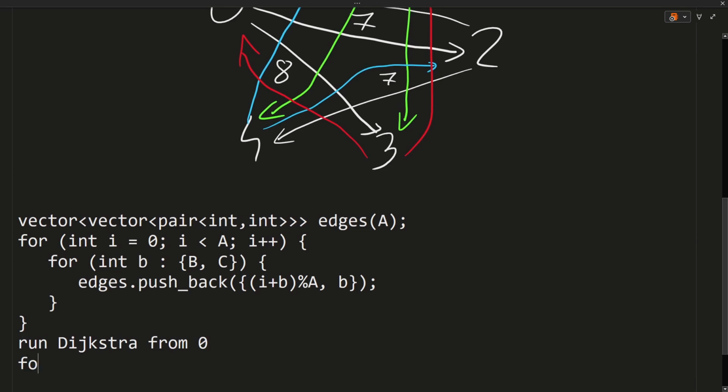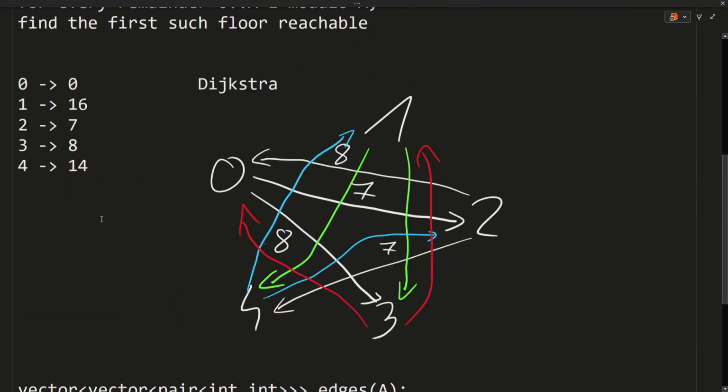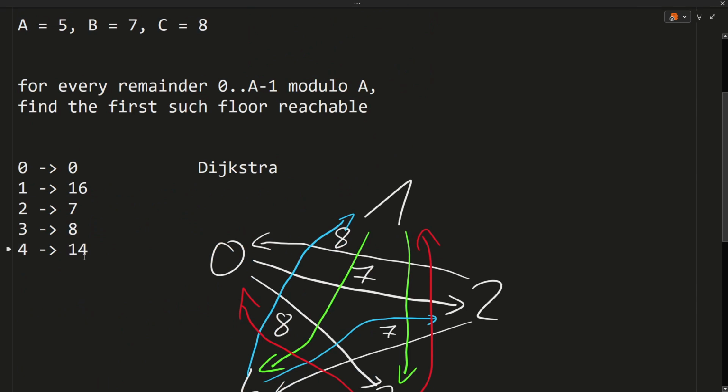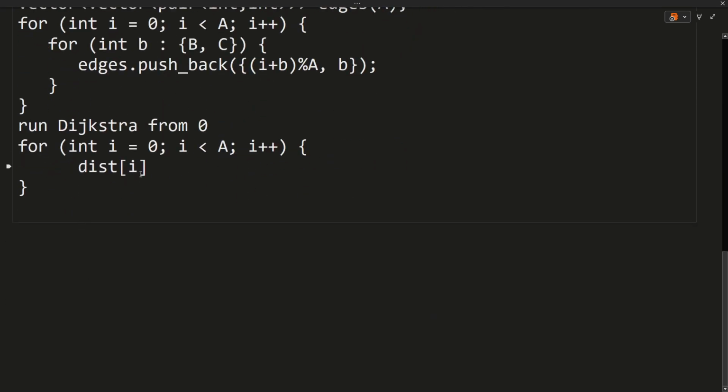Then for everything here, you look at distance of I, and this will tell you for this remainder what is the first reachable thing. And you know that you need to count floors up to n that are reachable, so you will do something like answer plus equal n minus distance divided by a.